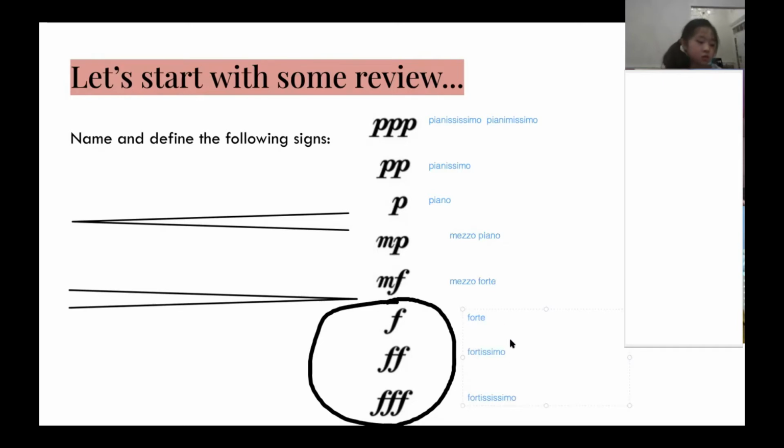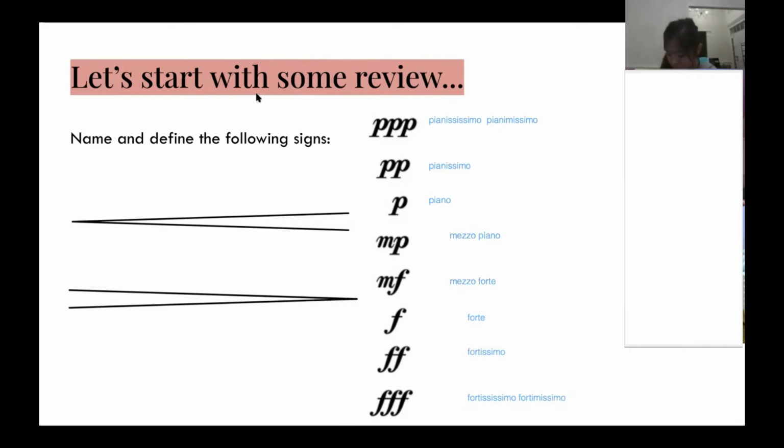Forte means loud, fortissimo means very loud, and triple F, I'm not even going to bother pronouncing it, means very, very loud. It's confusing. When I was in MCYO, they called it one way, but my piano teacher calls it the other way. Okay, yeah.